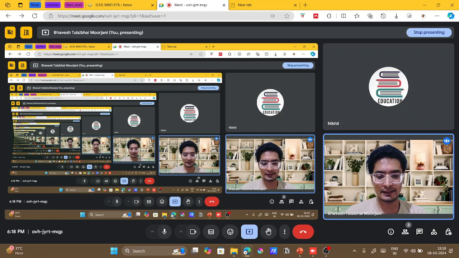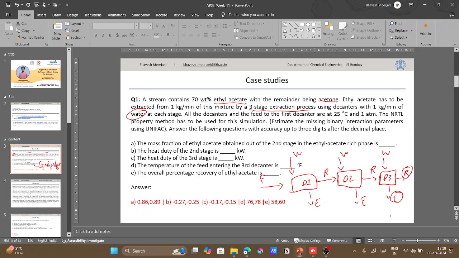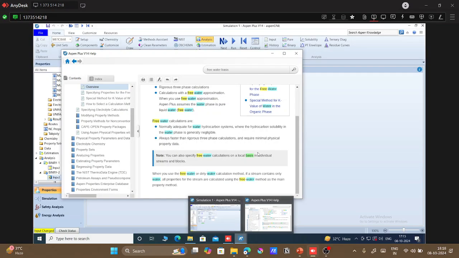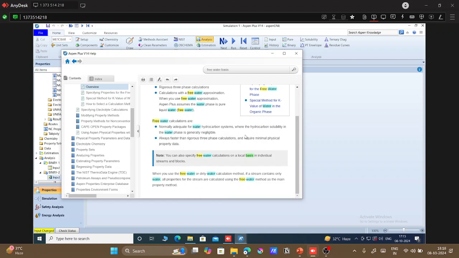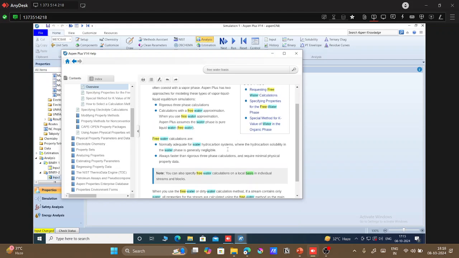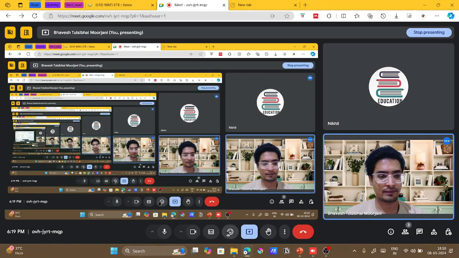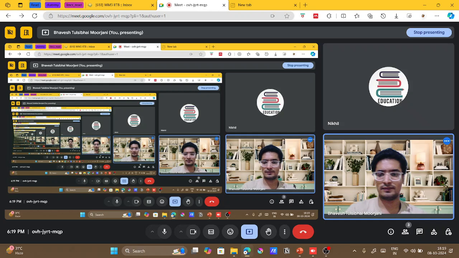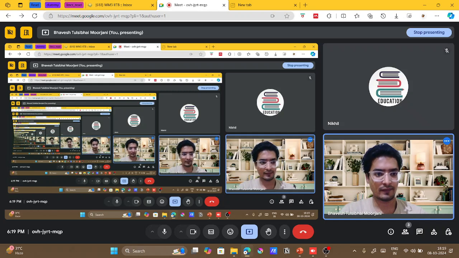As you can see here, it's mentioned in the hydrocarbon application that it will act as an inert. No hydrocarbon is soluble in the water, so that's why water will be treated as a separate phase. So it's to ease the calculations and avoid complications. That's the whole purpose. I hope it answers your question.